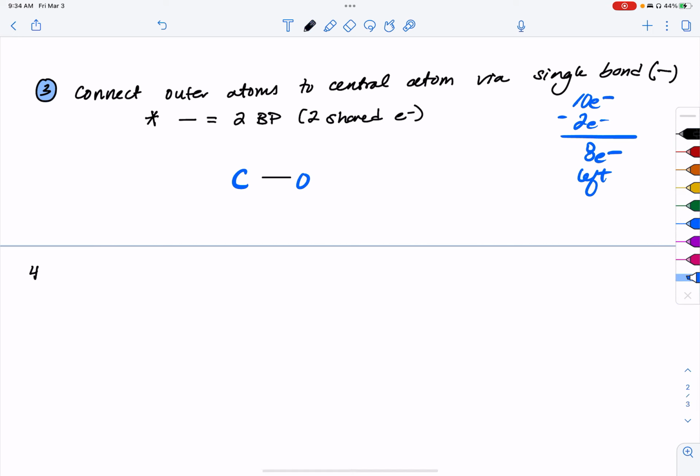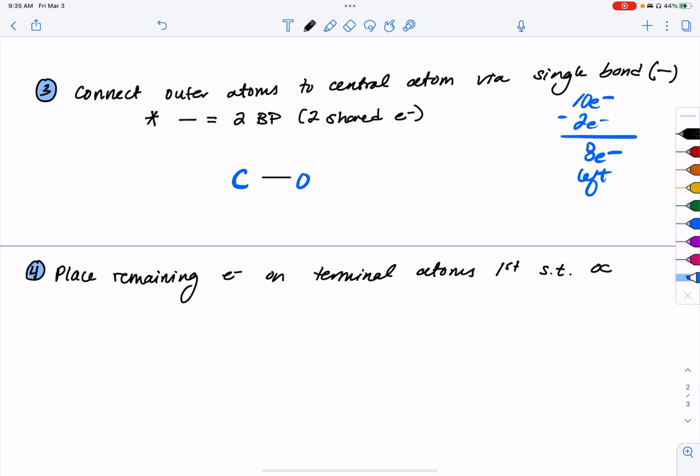So step 4, what do we do with those remaining electrons? Step 4 says to place remaining electrons on terminal atoms first, such that their octets are filled.